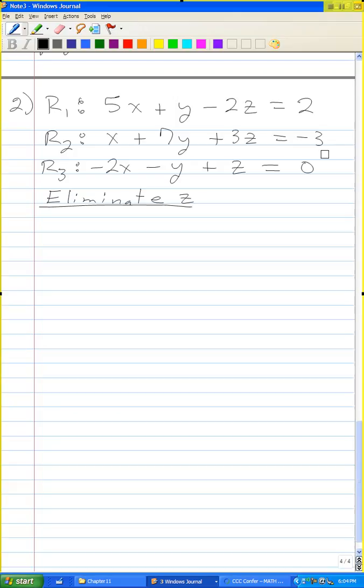And so notice that I have a 1 in front of this z and a negative 2 in front of this z. So let's keep the first equation, 5x plus y minus 2z equals 2. And let's multiply the third equation by 2. Negative 4x minus 2y plus 2z equals 0.